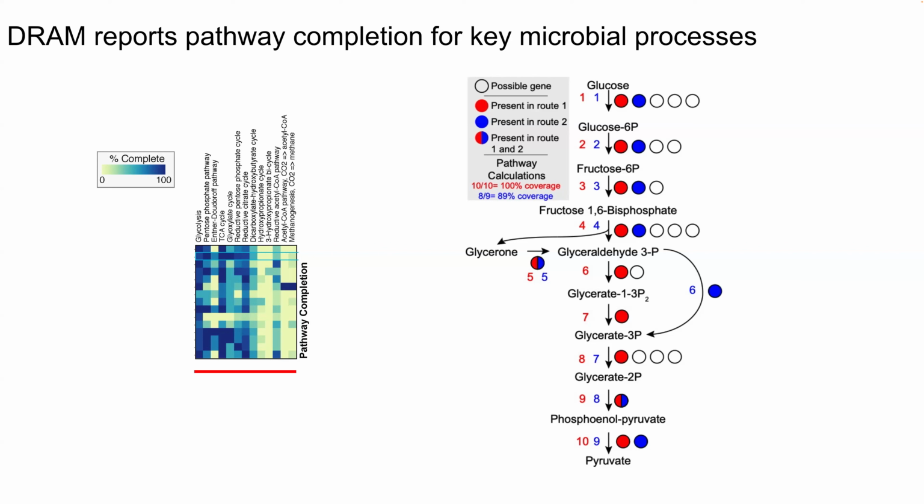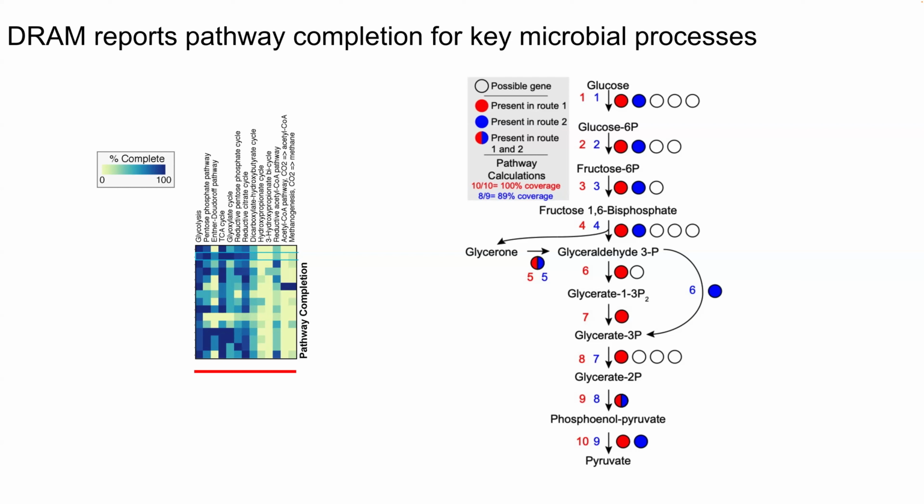So one thing DRAM is going to do is, for the carbon fixation pathways, if you can't read this, we're talking glycolysis, the pentose phosphate pathway, the TCA cycle, it's going to give you pathway completion. This is a heat map where basically the darker you get, the greater percent completion your MAG encodes of that pathway. There are also cases for some of these pathways, over here you see glycolysis, where you might have variations on a pathway, where you can have glycolysis in 9 or 10 steps, depending on what your organism encodes.